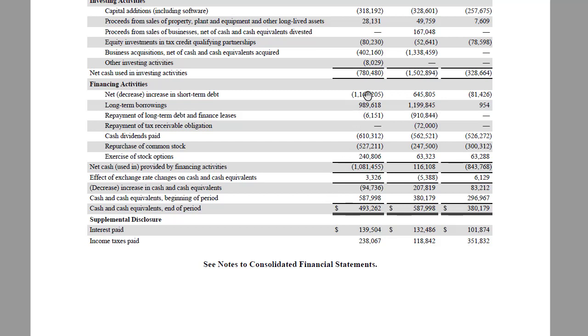We can see from the financing activities section here that Hershey had a net decrease in short-term debt. They borrowed an additional amount of money here, and leases are also included here as well. Usually they're much smaller than the other items.